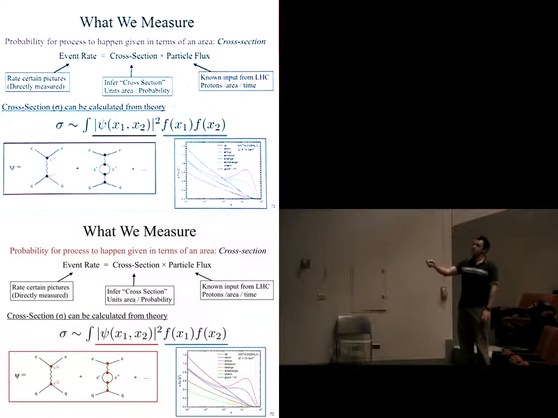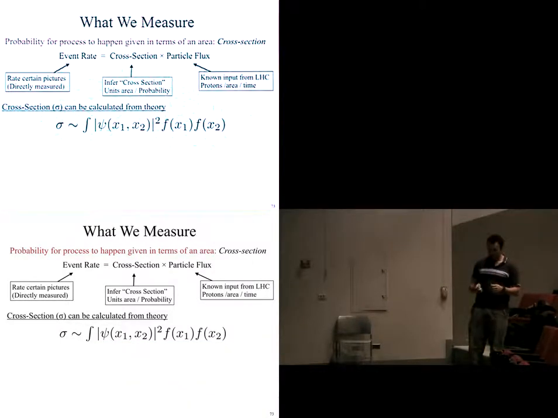Okay, so again, it's a combination of these two basic inputs. But once you know this from these other measurements that I talked about, this is known from theory, then this is predicted from theory. Okay, so you can definitively predict what event rate you should observe by this type of calculation.